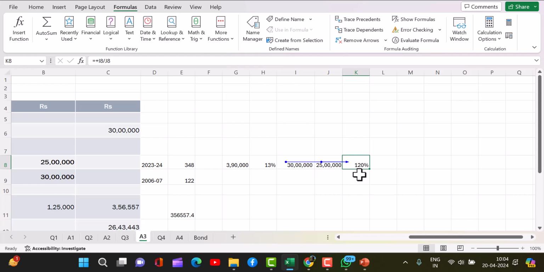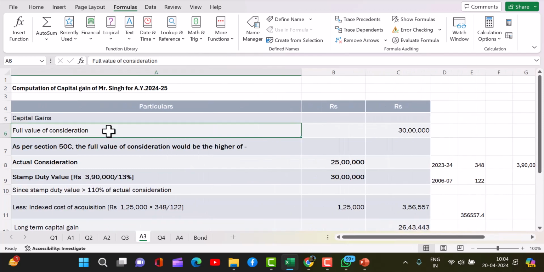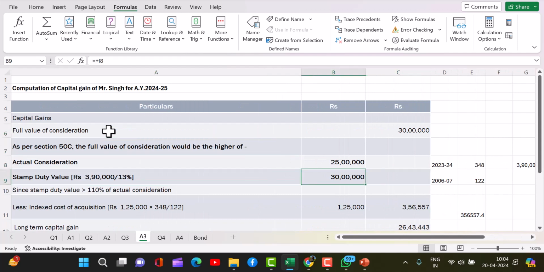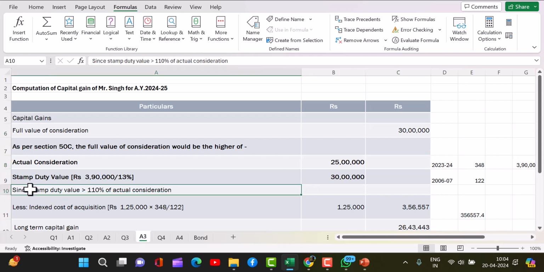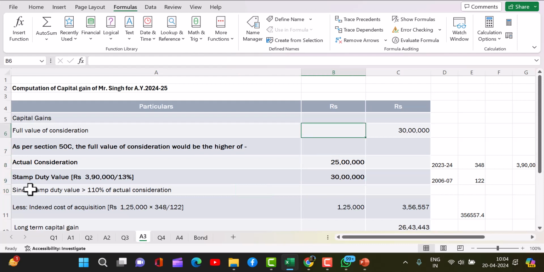So that means the stamp value has to be used for calculating the capital gains, not the actual value. In that case, we will use the value of the stamp duty, because it is greater than 110% of the actual consideration. Okay. So we adopted this.